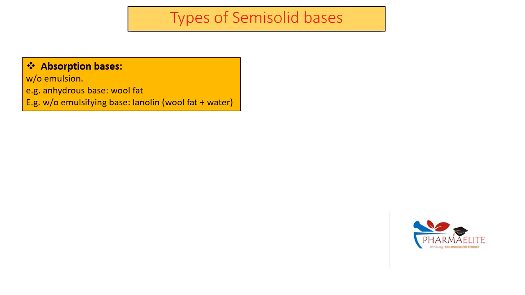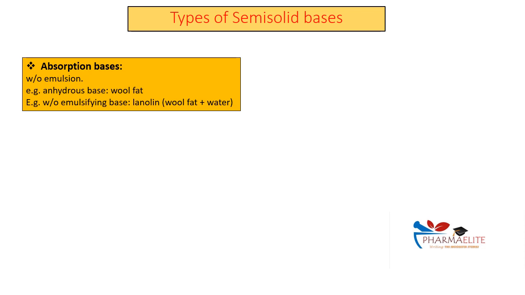When it comes to water in oil emulsion, the base which is always preferred is lanolin. Lanolin is used to a great extent to prepare water in oil emulsifying bases. Lanolin basically consists of wool fat plus water.